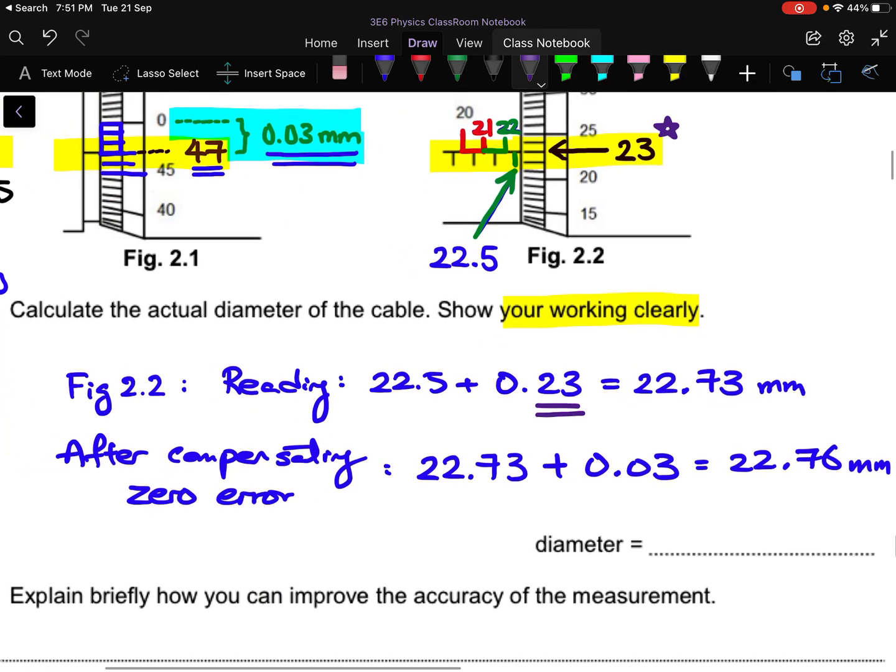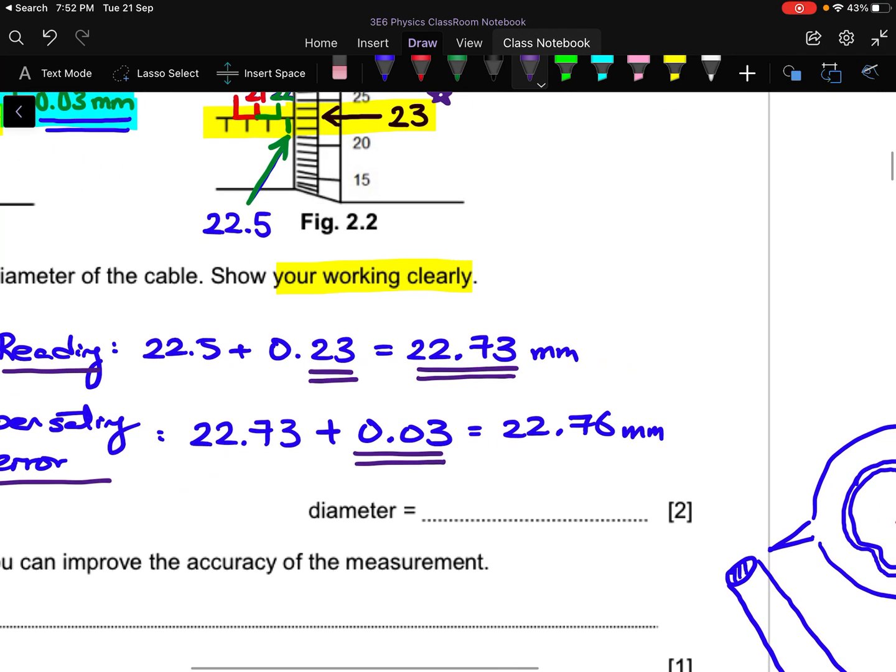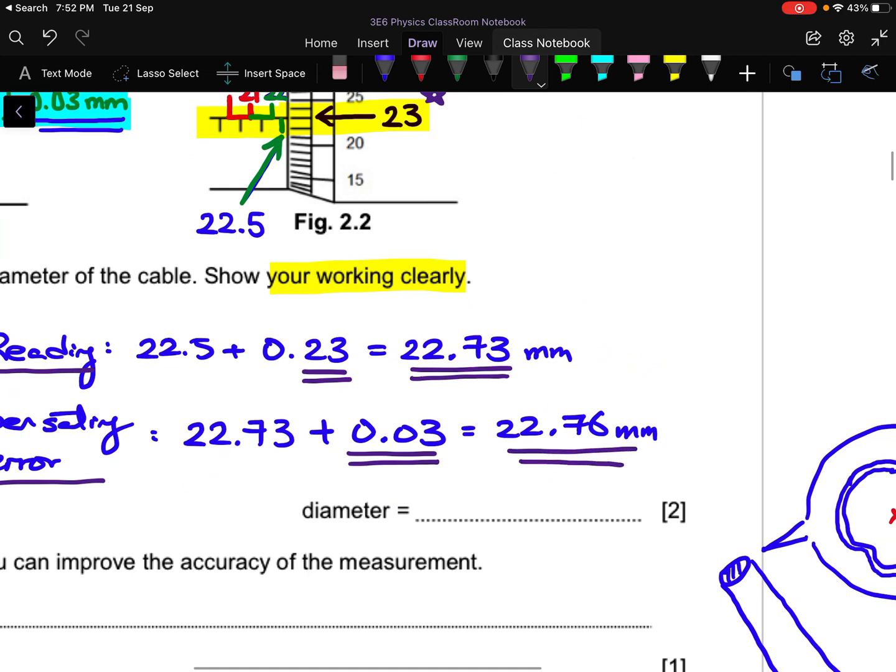So if you are just reading the figure 2.2 reading, this is the reading you get. Then after that, you must compensate the zero error, and then this is the reading that you get. Now take note, for this particular case, please do not round it up to 2 SF. When you are reading, no need.